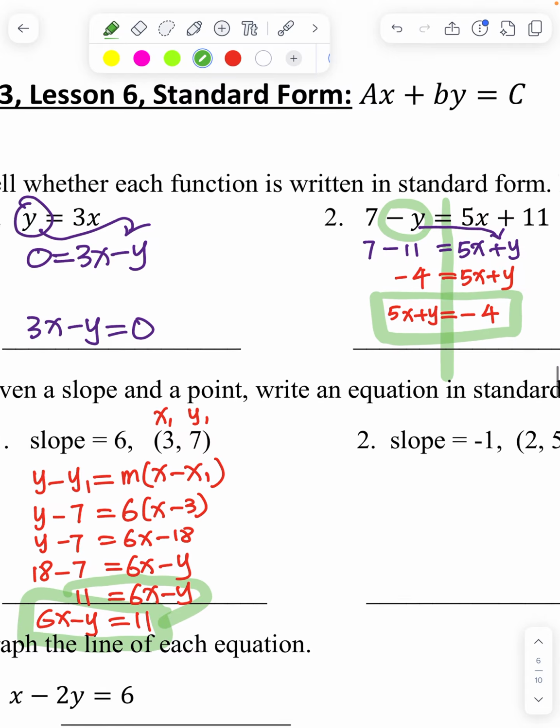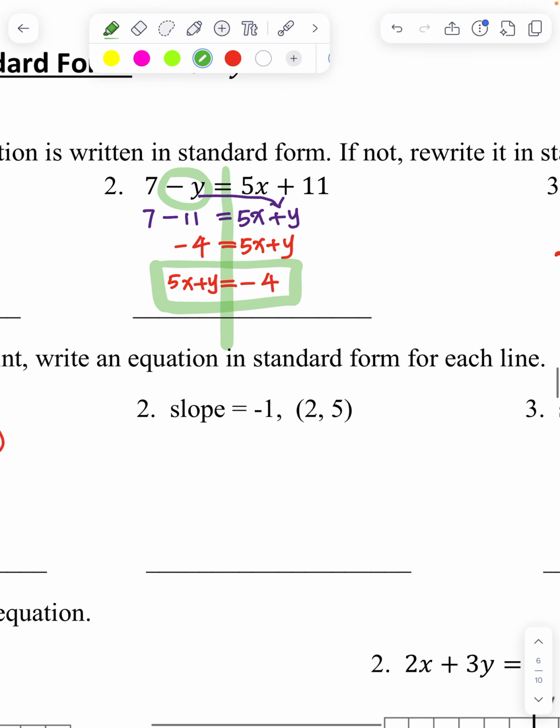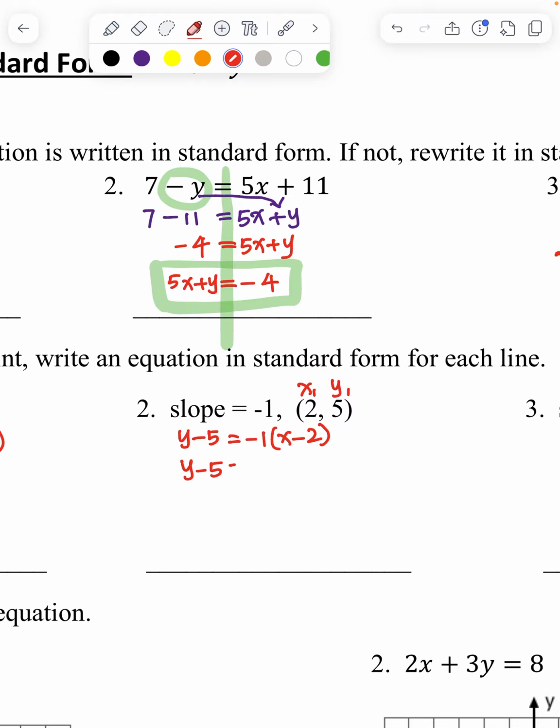Okay, number 2. Slope is negative 1. x1, y1. Okay, follow the formula. So y minus 5 equal to negative 1 times x minus 2. Distribute the negative 1, so it becomes negative 1x plus 2. Now I'm going to move negative x across the equal sign to the left, and it becomes positive x.